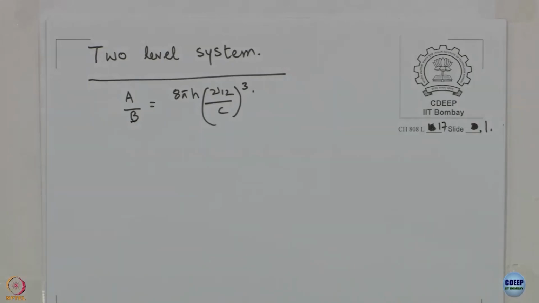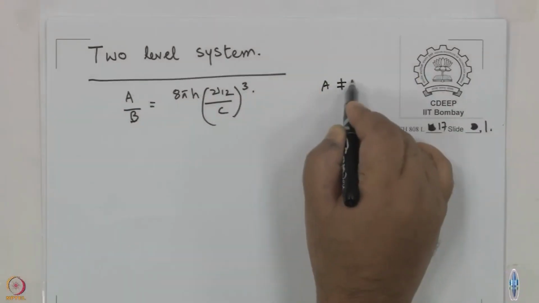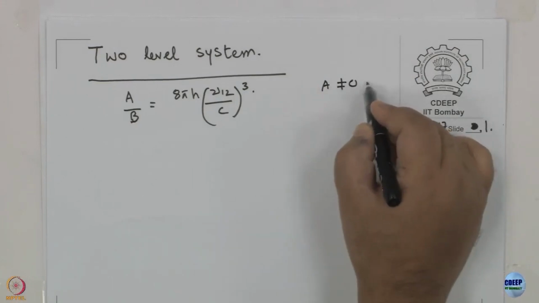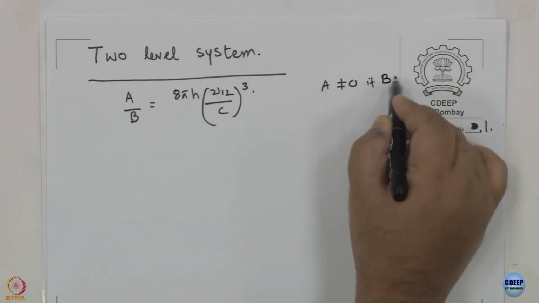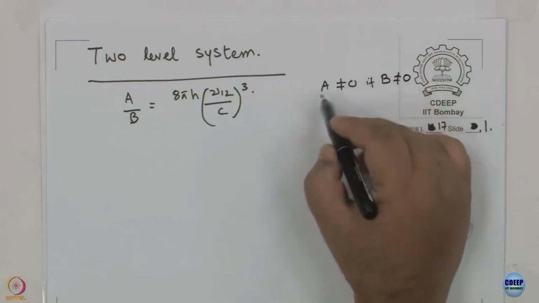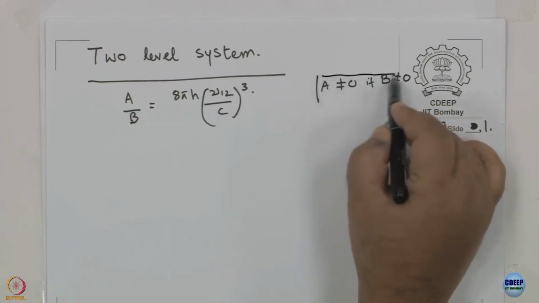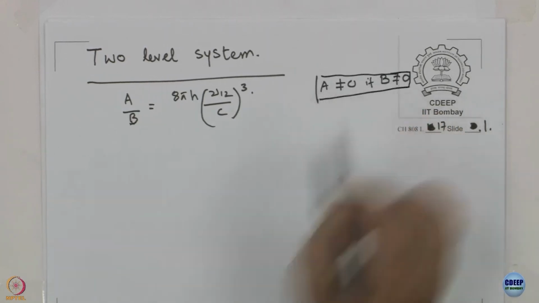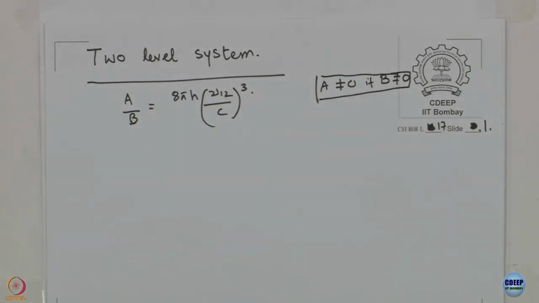First thing that we have to recognize is that A is never equal to 0 if B is not 0. Sounds very simple, because A is some constant multiplied by B, and that constant is not 0.